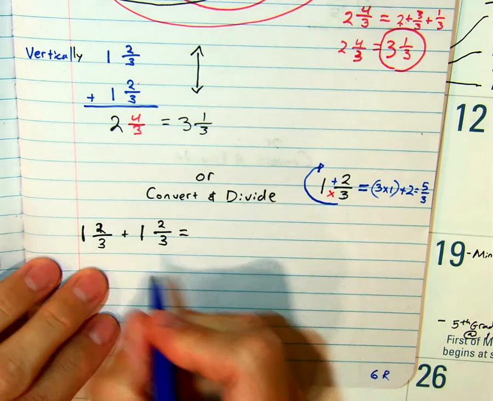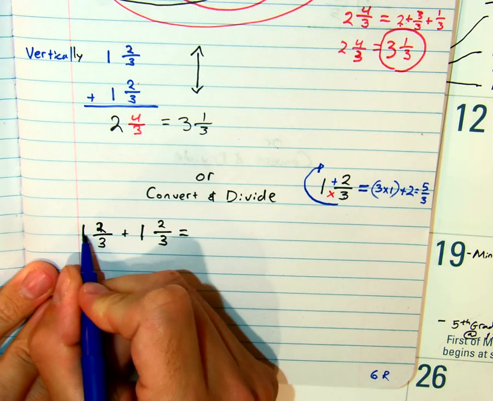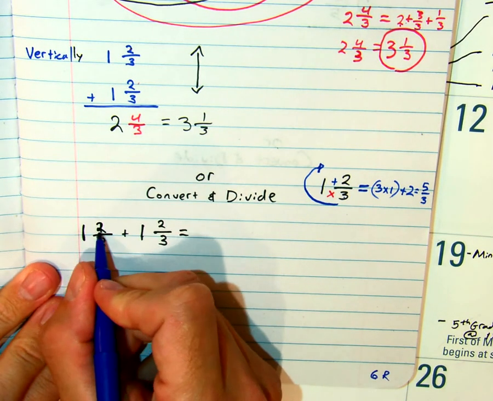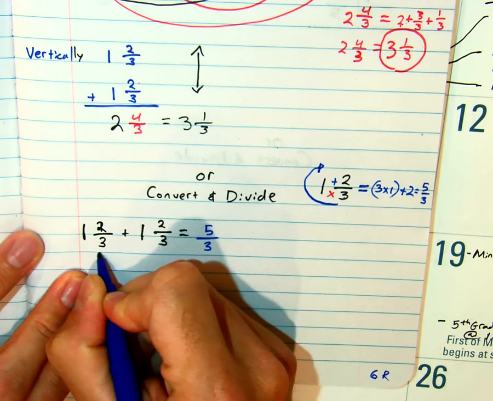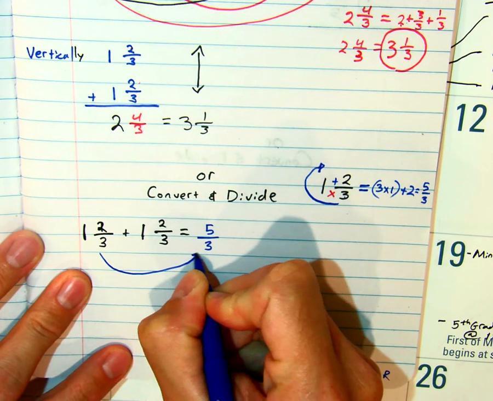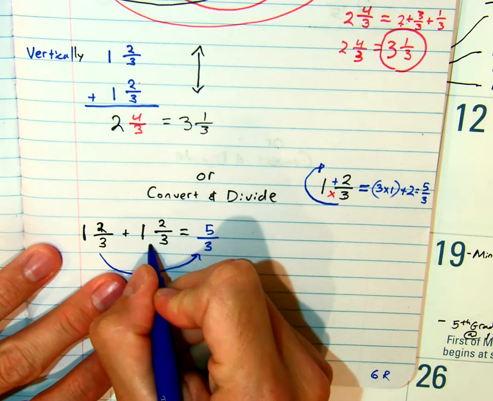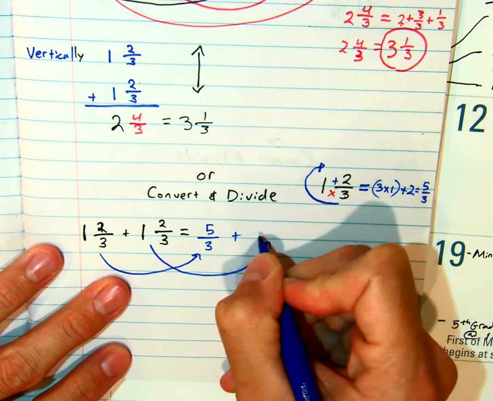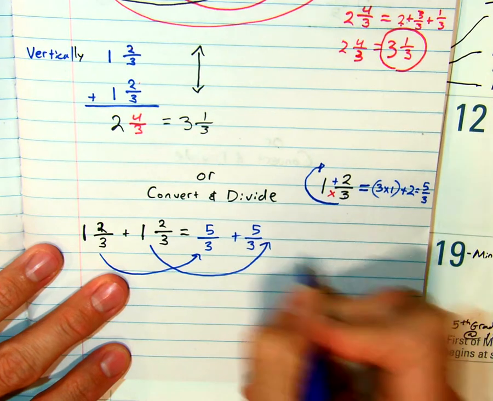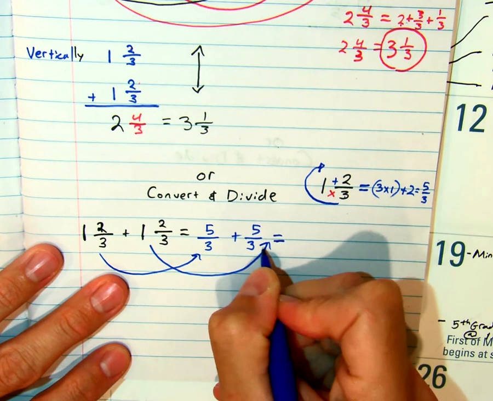I can convert this. 3 times 1, 3 plus 2 is 5. 5, keep the denominator, thirds. I'm converting it, moving it over. Same problem, easy to redo. I'm adding 5/3.